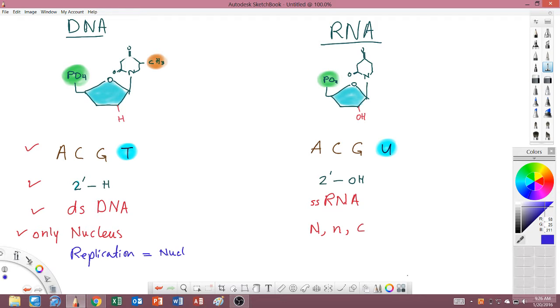Nucleus. RNA synthesis is also in the nucleus, and the process of RNA synthesis is known as transcription. That also occurs in the nucleus, but it's later on transported to the cytoplasm when it's processed and made.